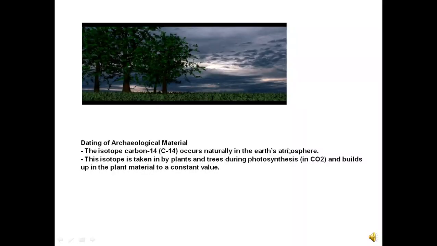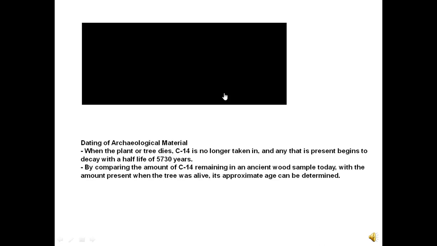Carbon dating. Living things exchange carbon-14, which is a radioisotope of carbon, with the atmosphere while they are alive. When they die, they stop exchanging carbon-14, and so the proportion of carbon-14 in the organism's carcass falls. And so knowing how much carbon-14 you expect and knowing how much carbon-14 you've got, you can work out how old your item is.